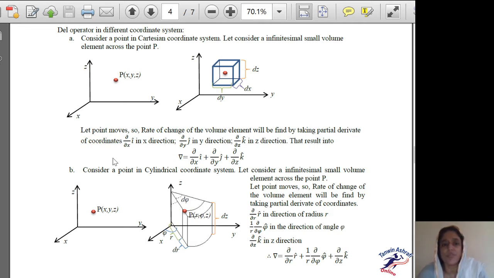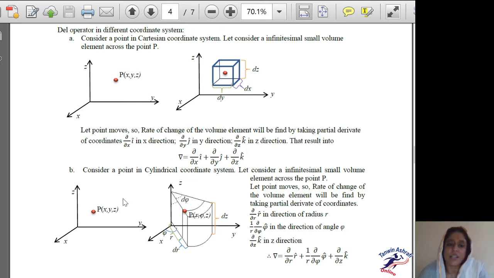In the x direction, we have ∂/∂x i cap. In the y direction, we have ∂/∂y j cap. In the z direction, we have ∂/∂z k cap. That results in delta equal to ∂/∂x i cap plus ∂/∂y j cap plus ∂/∂z k cap.